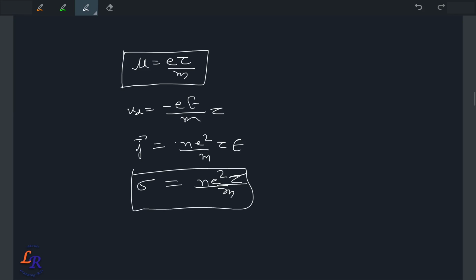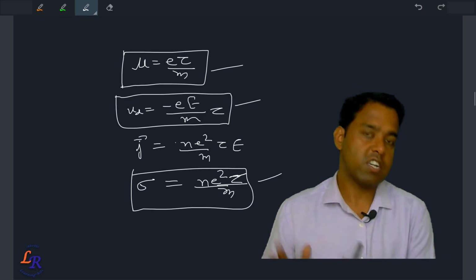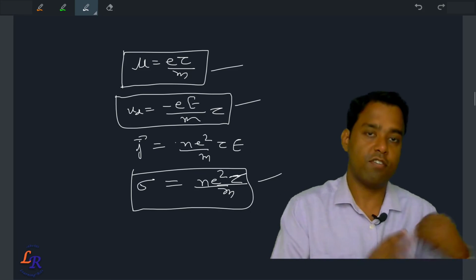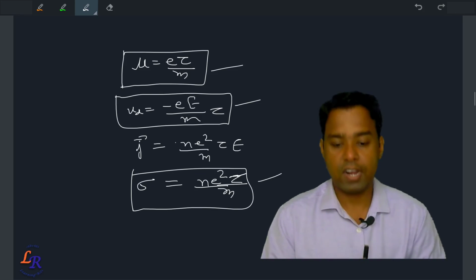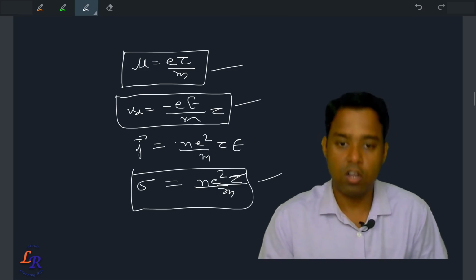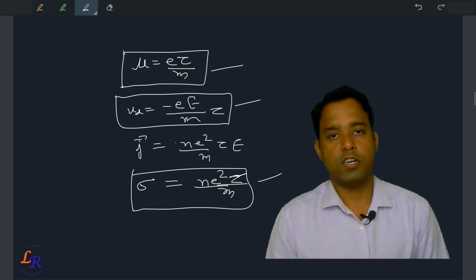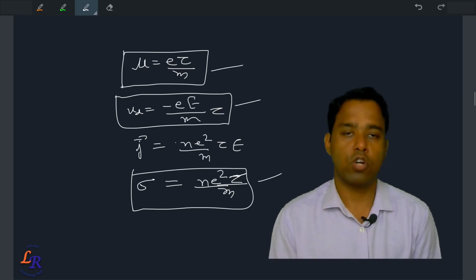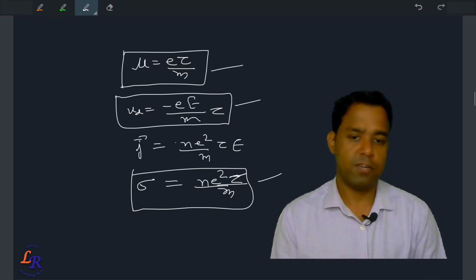So you have one expression here, the other one here, and then the mobility term. These are the three important equations we got starting from Ohm's law and the origin of drift velocity, and now how to calculate the resistivity, what factors it depends on, and also the introduction of mobility, where you find the drift velocity per unit electric field. So this is about the drift velocity, the origin of the drift of electrons, and the origin of resistivity and the factors it depends on.